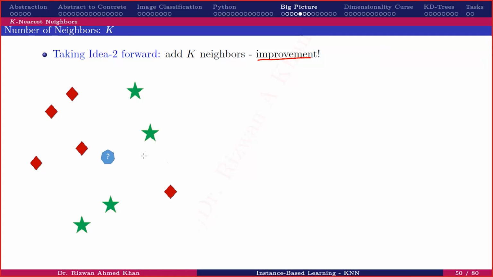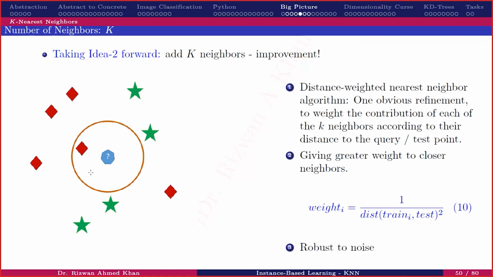And we looked at an improvement because the idea is that the nearest point should have more weight in voting because it's nearby. If we keep on adding more Ks or more neighboring points, we will have different results. But if nearby points have more weight, then probably we'll have more confidence in the data, and we can just calculate the weight of each data point which is in the neighborhood set Sx, which we looked at initially. We can calculate the weight using this formula, and then we can do majority voting.